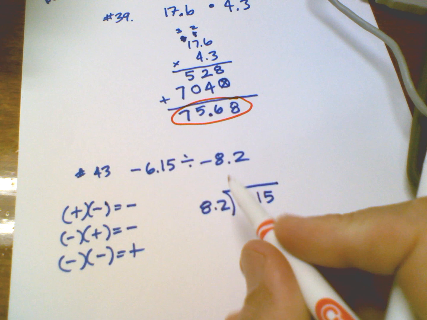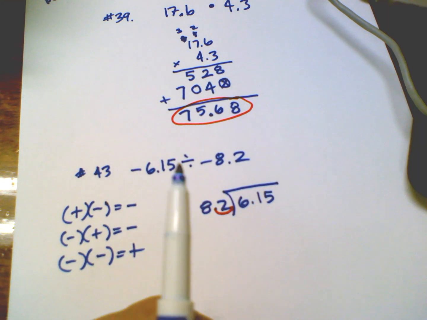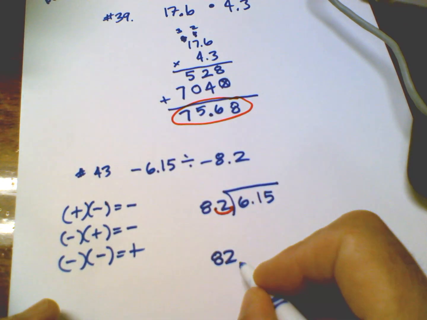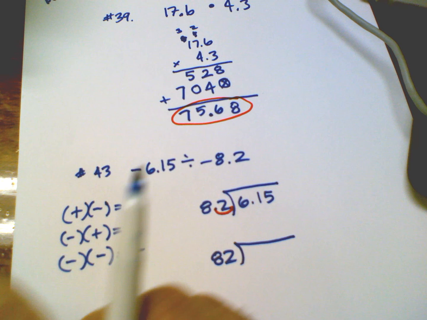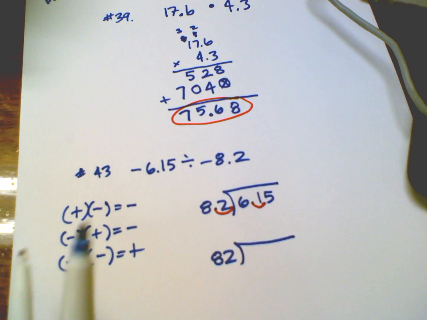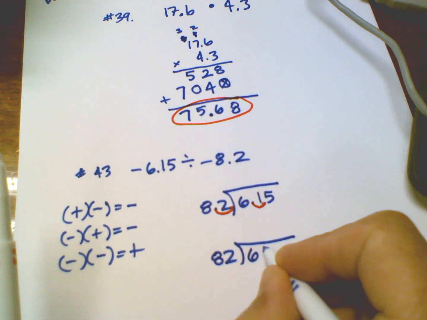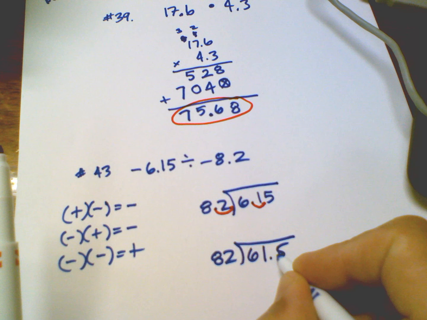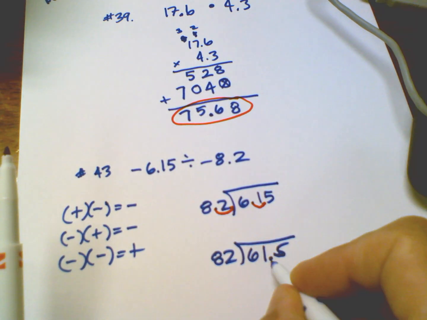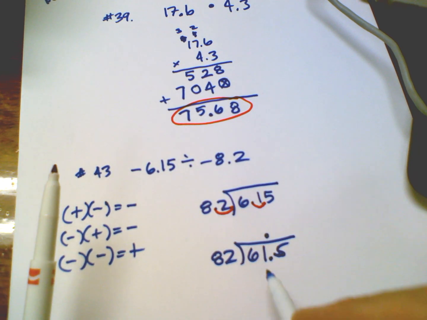So I'm going to move my decimal place once over to get it to be a whole number. So really what I'm wanting that to be now is 82. And that's the same thing then what I would do as well is move this one over one space. So now I'm dividing 82 into 61 and 5/10, right? And then the decimal, we know our answer. The decimal place lines up when we're looking at long division, the long division algorithm.